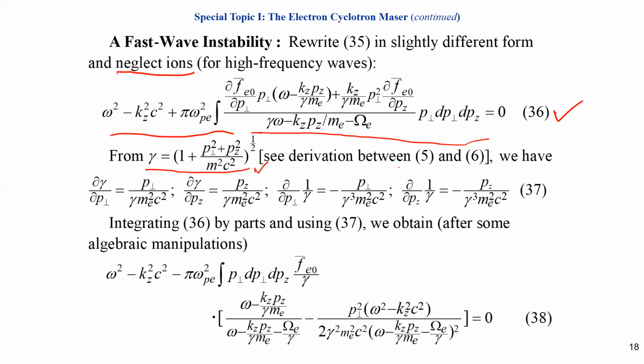See the relativistic relation between 5 and 6. We have partial gamma, partial p perpendicular actually has a contribution. Partial gamma, partial pz also has another value. Partial 1 over gamma, that has a contribution because here, we just substitute these four, equation 37, into equation 36.